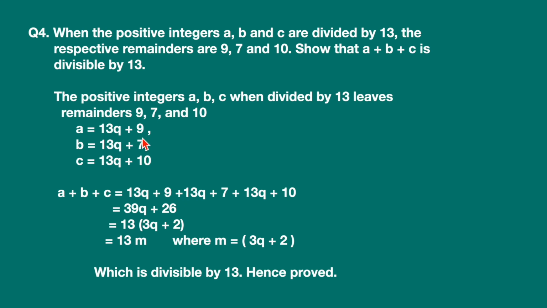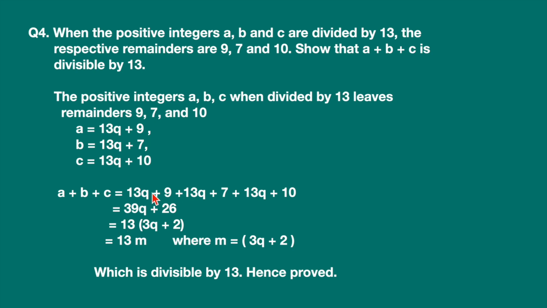A is equal to 13q plus 9. B is equal to, again, divided by 13, 13q, the quotient we do not know, leave it as it is, plus the remainder is 7. C is equal to 13q plus 10. Okay, you have written it down. Now add the LHS because that's what we want here.